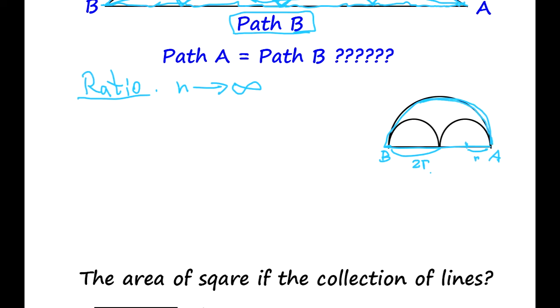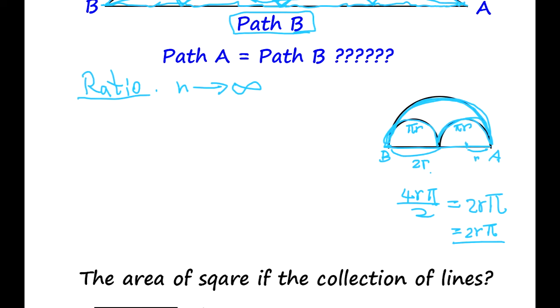So this path will be 2R pi, well, 4R pi and a half, so it's going to be 4R pi over 2, that is 2R pi, right? How about this path? This is pi r, and this is pi r, so it's going to be 2r pi. So this path and this path have the same length.